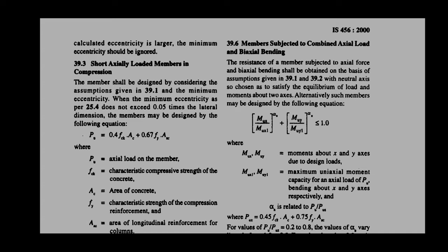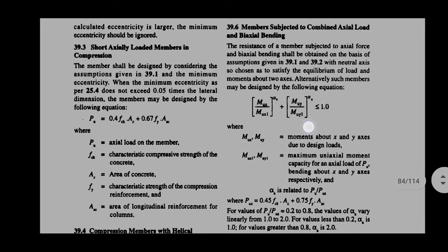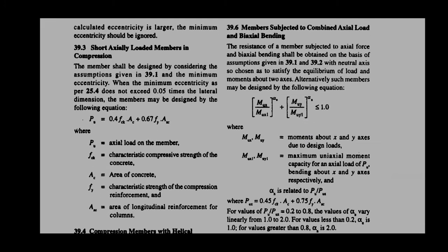Pu is axial load on the member, fck is characteristic compressive strength of the concrete, Ac is area of concrete, fy is characteristic strength of the compression reinforcement, and Asc is area of longitudinal reinforcement for columns.